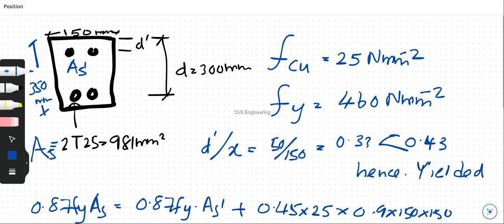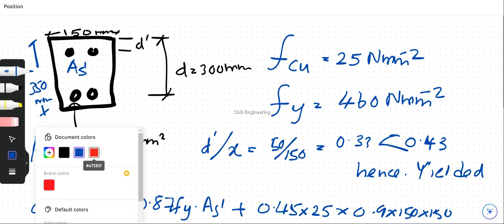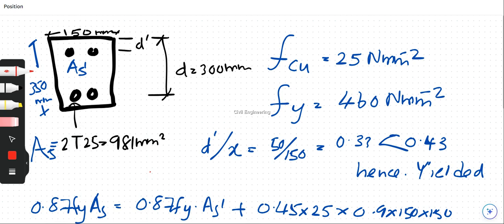So the area we provided for the steel is 981, with that simple calculation: two into pi r squared, where r is 12.5. By using that, we can get this answer.